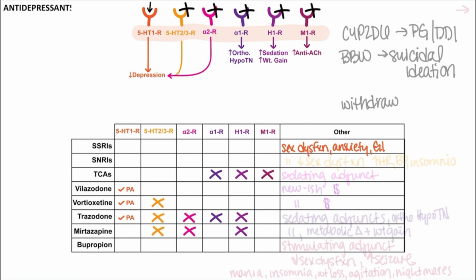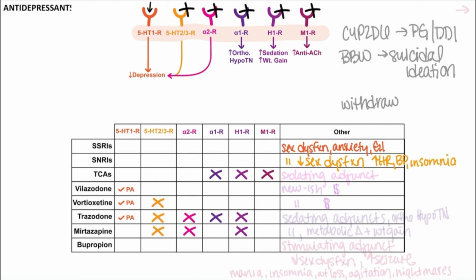Next are SNRIs, which are going to have a very similar side effect profile as our SSRIs, but now with a bit less risk for sexual dysfunction concerns and more adrenergic effects, like increases in heart rate, blood pressure, and insomnia.